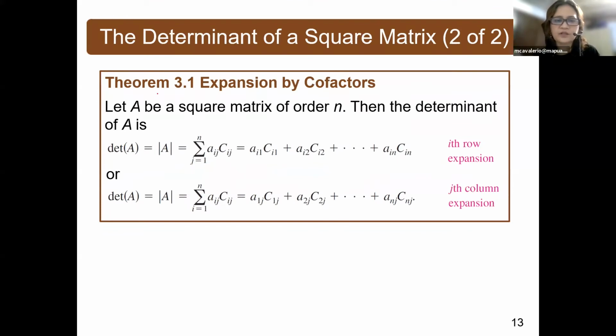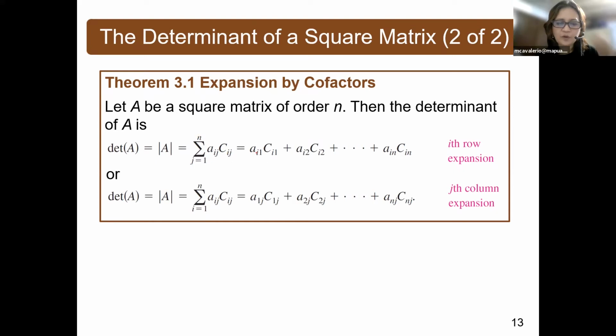According to Theorem 3.1, which is about the expansion of cofactors, let A be a square matrix of order n. Then the determinant of A can be evaluated using an ith-row expansion as follows. The determinant of A is equivalent to the sum of a sub ij and its cofactor C sub ij, beginning from j equals 1 up to n.